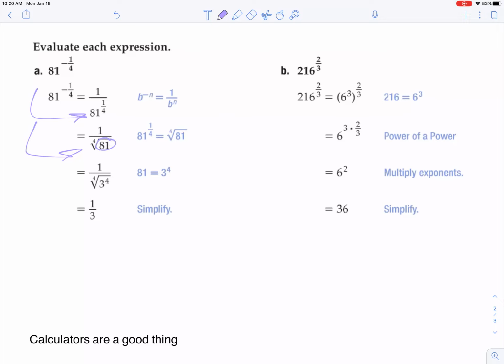The fourth root of 81 is 3. They wrote it a little funky here, showing you have your index of 4 and 3 to the fourth is 81. But honestly, just the fourth root of 81 is 3. So your final answer is just 1/3. Pretty cool.